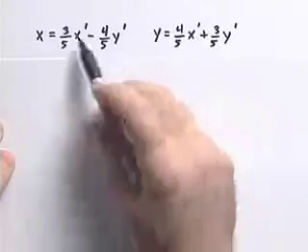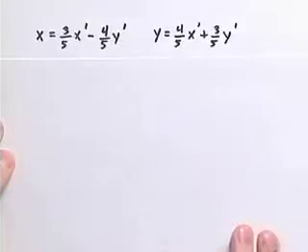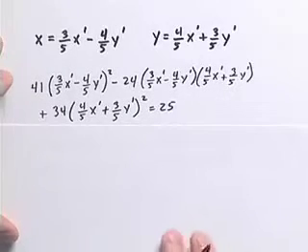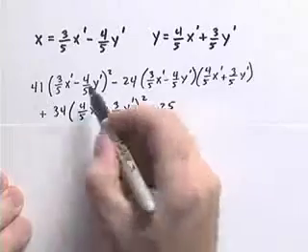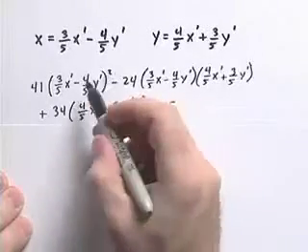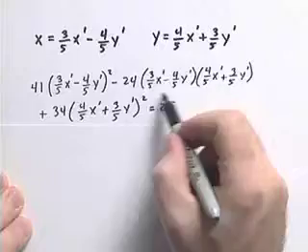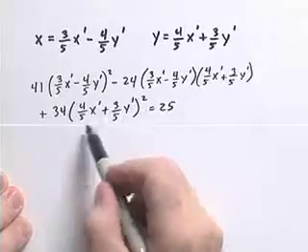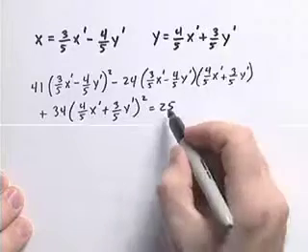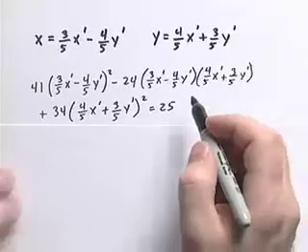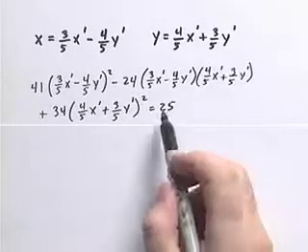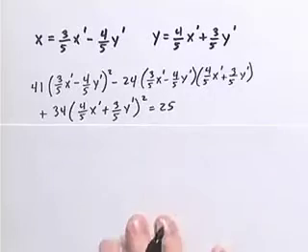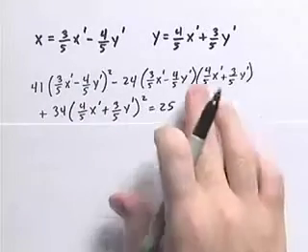If we substitute these expressions into our original equation, we'll get 41 times our new value for x, squared, minus 24 times our value for x times our value for y, plus 34 times our value for y squared, and that's going to equal 25. If we multiply both sides by 25, that will get rid of our denominators, and then we're going to expand each of these squares in this product.